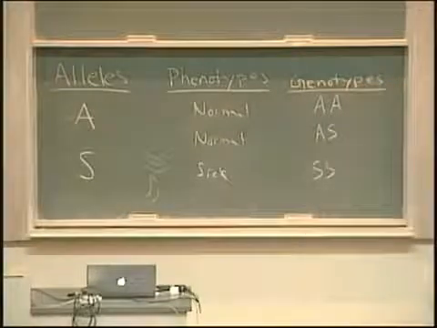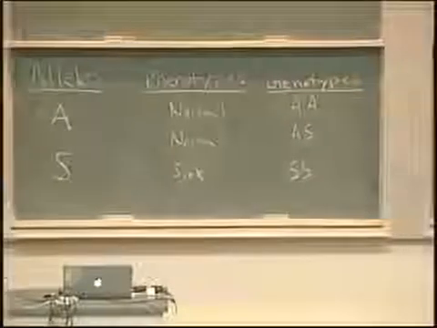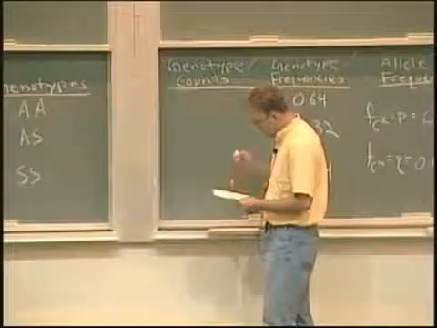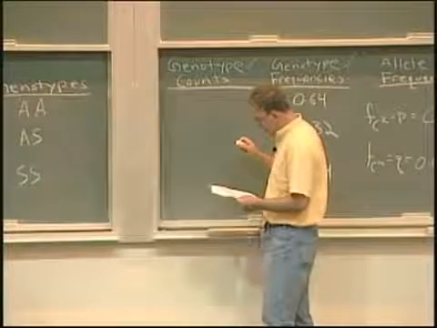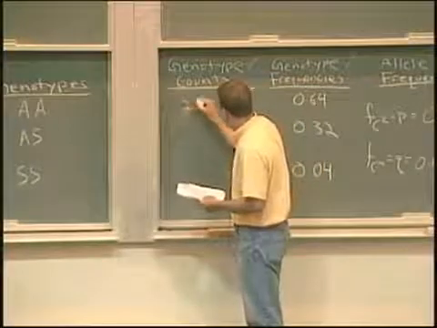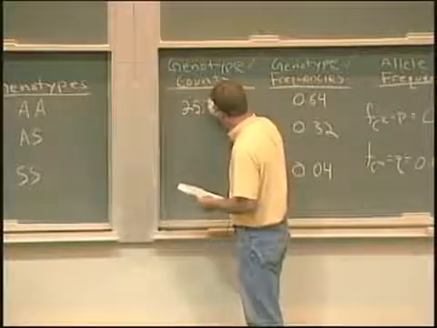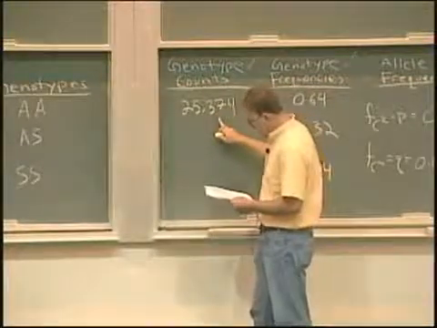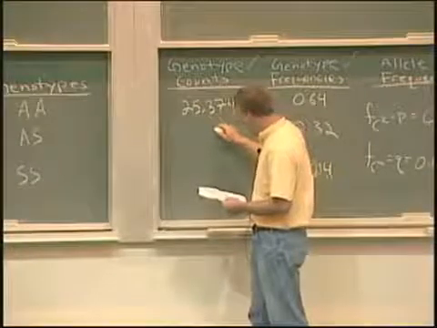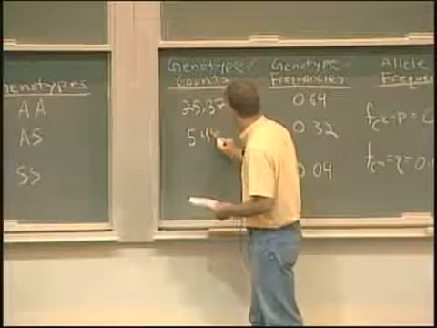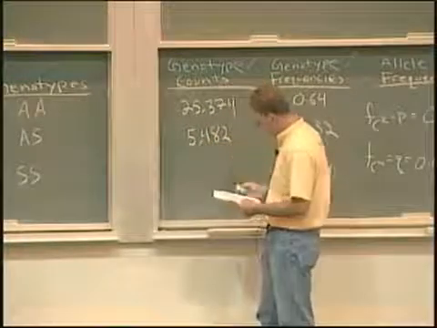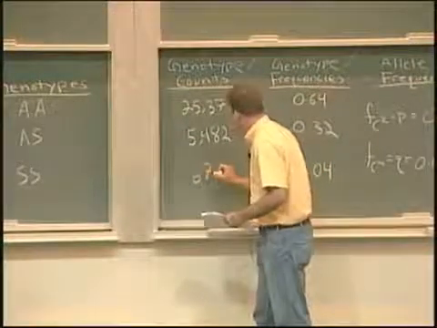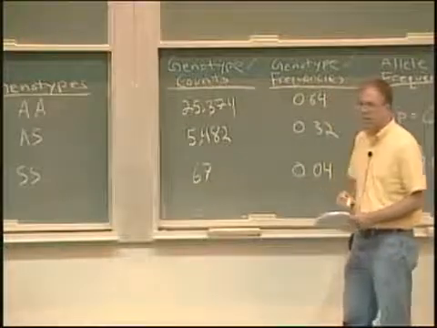Okay. Now, in a particular study where they counted up the number of individuals in the population in equatorial Africa, West Africa, they found that there were 25,374 individuals that were homozygous for A. They found 5,482 individuals that are heterozygous, and then they found 67 individuals that were homozygous for the sickle cell allele.